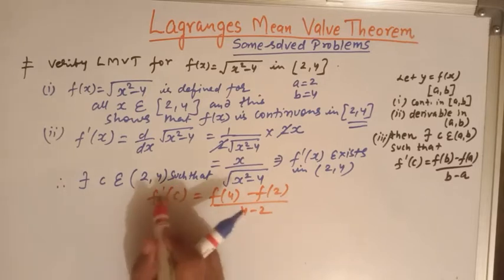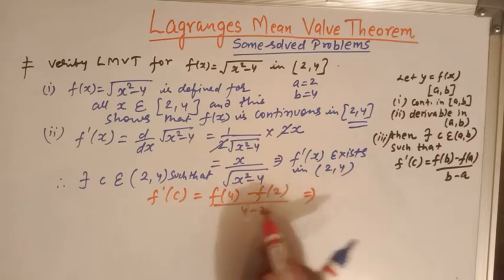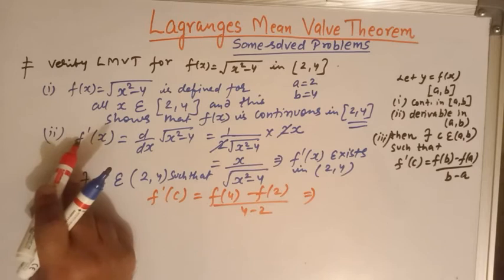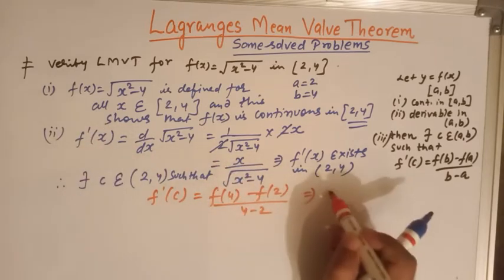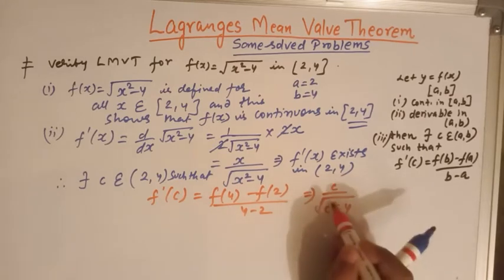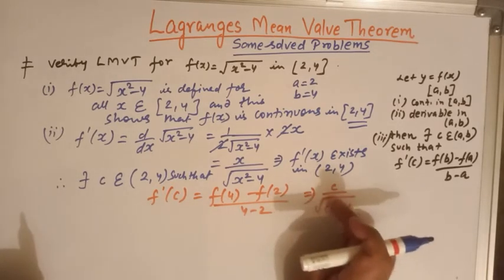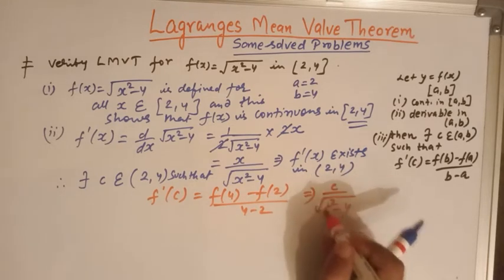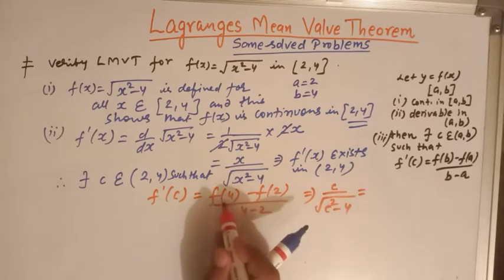Clear? So whereas f prime of c, here we will substitute the value of x equal to c, because f prime of x is given by x over square root of x square minus 4. So we have c over square root of c square minus 4, and this is equal to f(4).